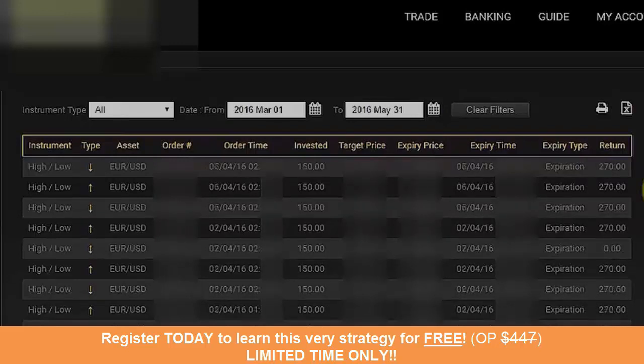But normally the Euro USD will give you higher because there are more people trading it, so you will get around 80 to 85% return on investment. Depending on the time of day you're trading, the percentages do change. Anything below 70%, you can give it a miss.